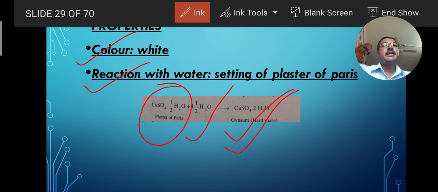Understand? This is the reaction of plaster of Paris or calcium sulfate hemihydrate. Half a molecule of water represents the hemihydrate, so this name is given to this chemical substance, plaster of Paris. It is known as calcium sulfate hemihydrate. Reacting with 1.5 molecules of water, it gets converted into calcium sulfate dihydrate, which is known as gypsum.